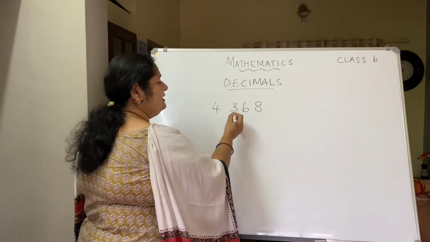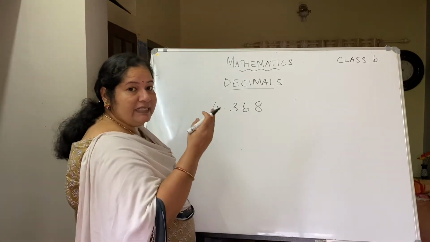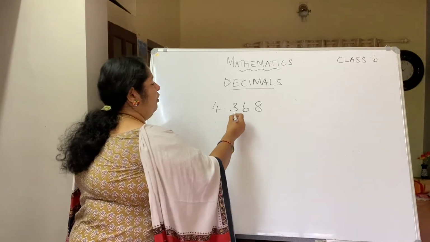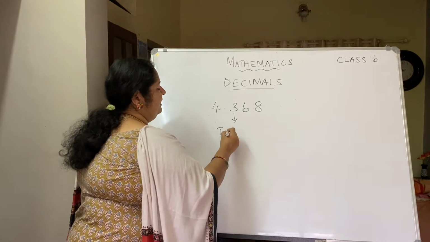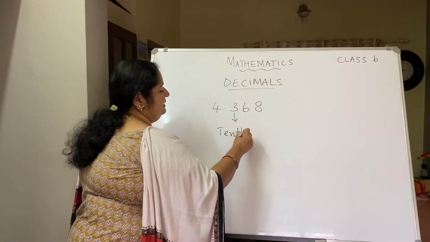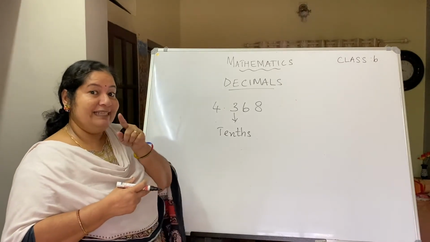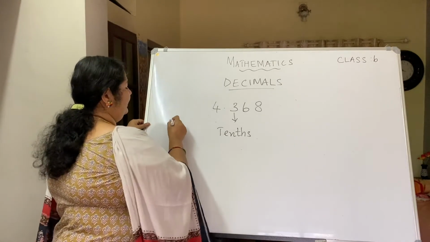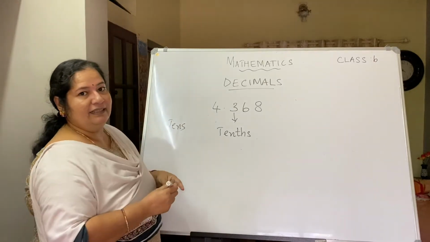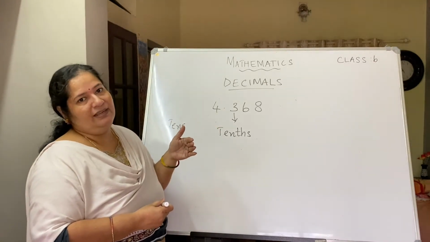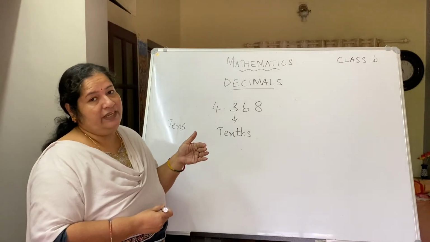Now the first place, which is coming soon after the decimal point, we call this place the tenths place. In the whole number part, we have got a tens place, that is TENS. Here it is the tenths place, TH is also there, so TENTHS.